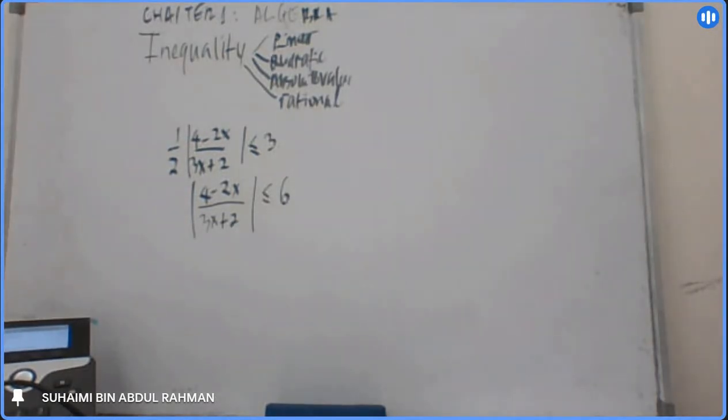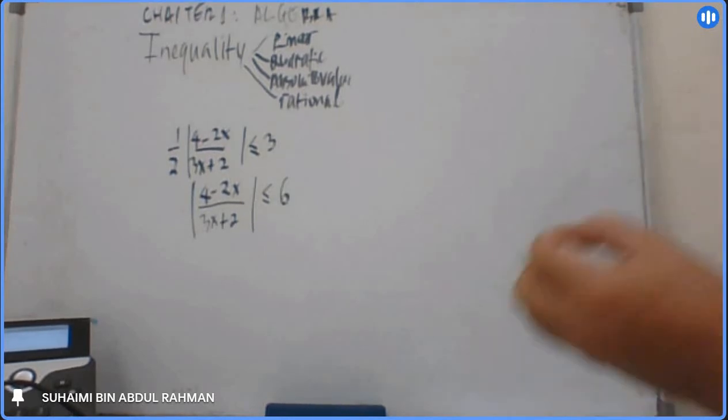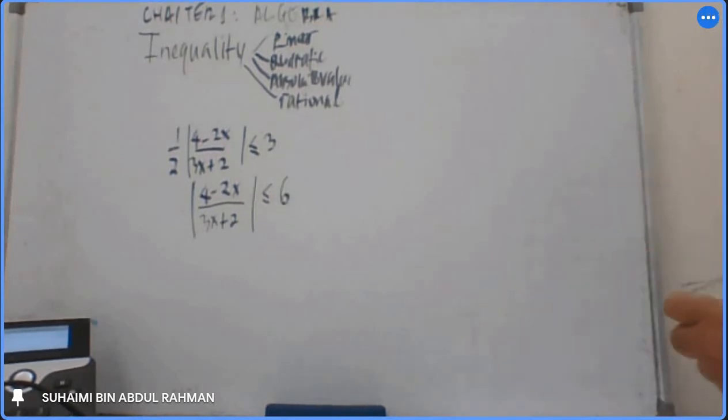So this inequality is the absolute value of (4 minus 2x) over (3x plus 2) less than or equal to 6.